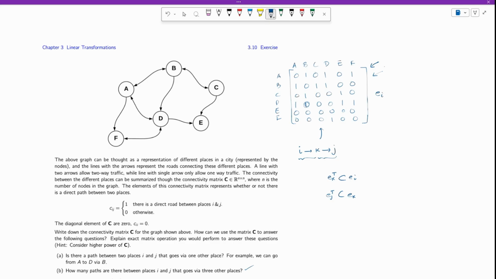So what is the algebraic operation that you do on the matrix C so that you can find out if there is a path from I to J that goes through another node? If the question is whether there is a path between nodes A and E that goes through D, from the matrix, how will you figure that out?